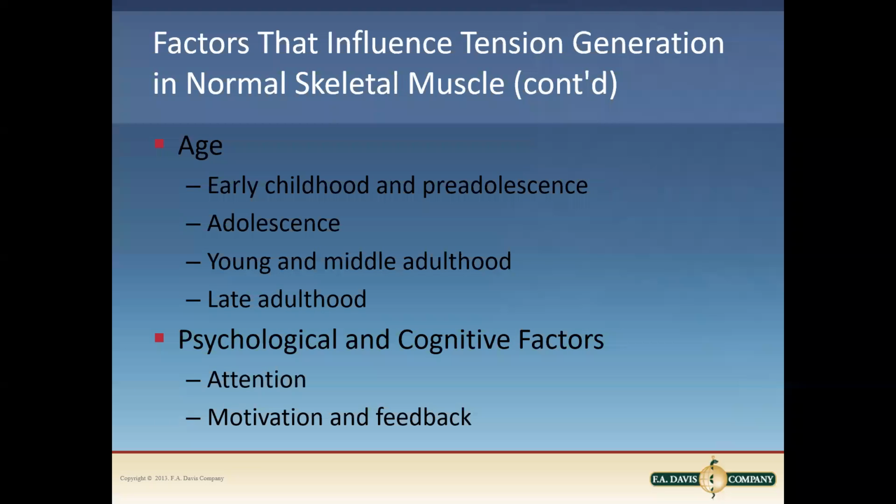Once we get into adolescence, then we can start doing some strength training. Young and middle adulthood is where we hit our peaks. That's where we're the most virile, the most athletic, the most energetic, and we've got muscle build. And then when we get into late adulthood and moving into seniorhood, unfortunately, our muscles decline.